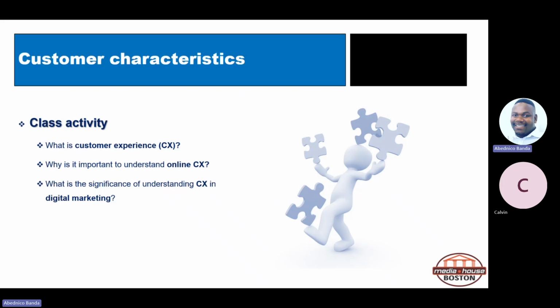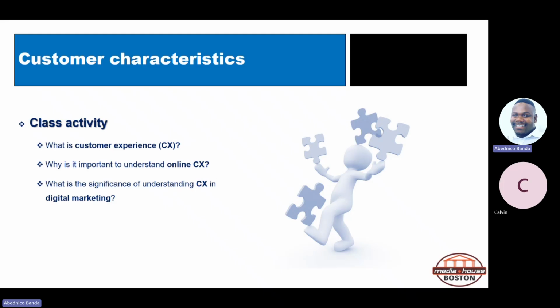And the reason why we are talking about online experience is that, as brands, customers do encounter us on different platforms, be it on social media, be it via email, be it on mobile applications. Customers always encounter brands, and how the encounters unfold forms part of the experience.